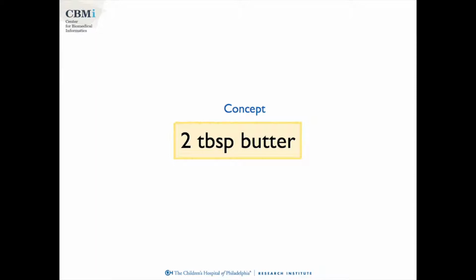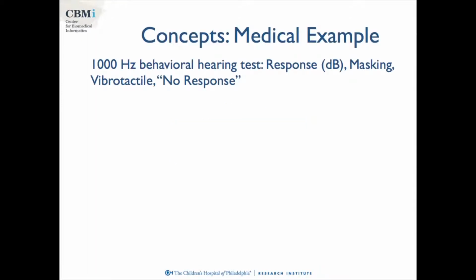And this is really the fundamental piece of Avocado that allows us to have an interface that reflects what researchers are expecting. If I give a medical example here from our AugenDB project, we have results for 1,000 hertz behavioral hearing tests, and you don't necessarily need to know all the details of hearing testing.